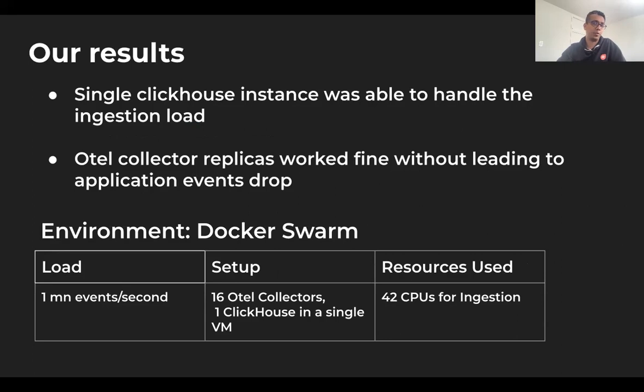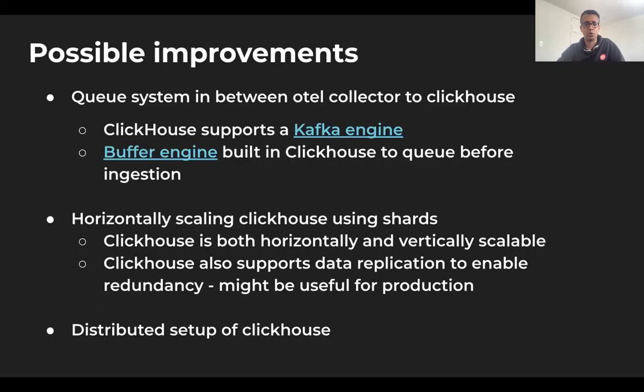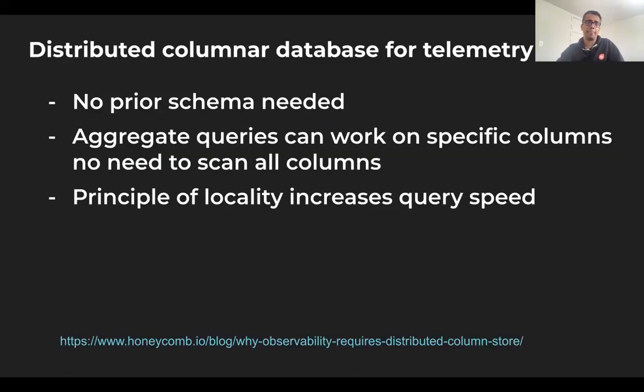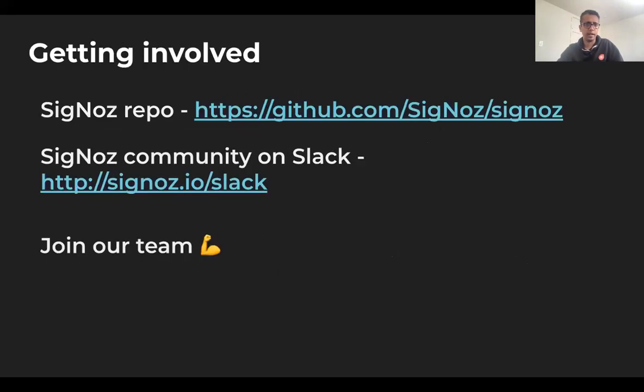And the resource utilization is not very high. Of course, there are many improvements we can work on, but this shows very encouraging signs on how these systems can be scaled and how the next generation of observability tools would look like. So that's probably where we are.